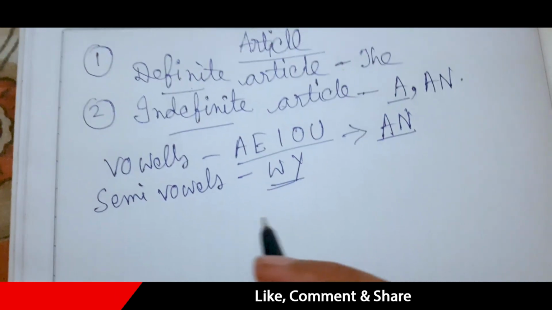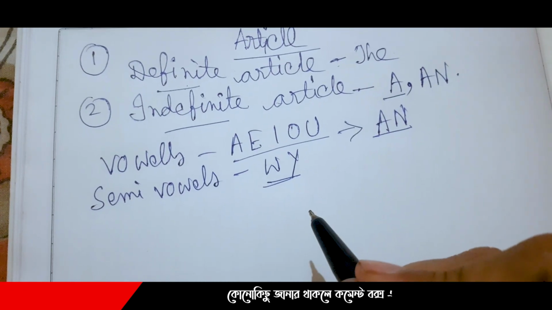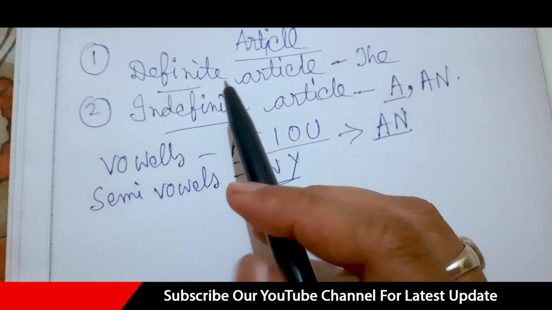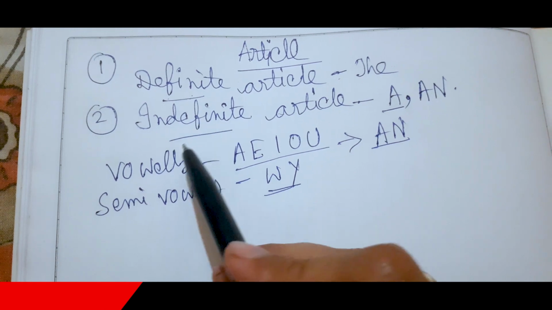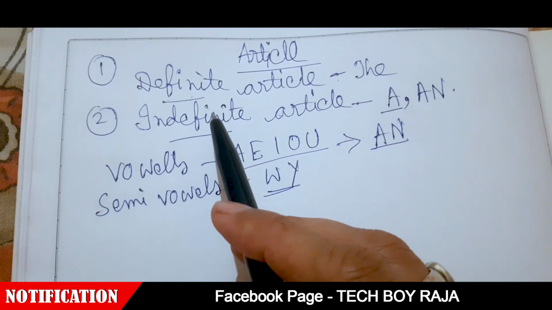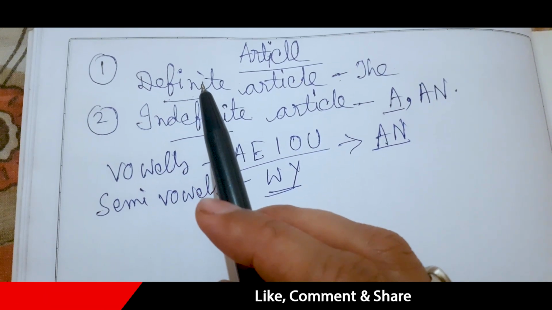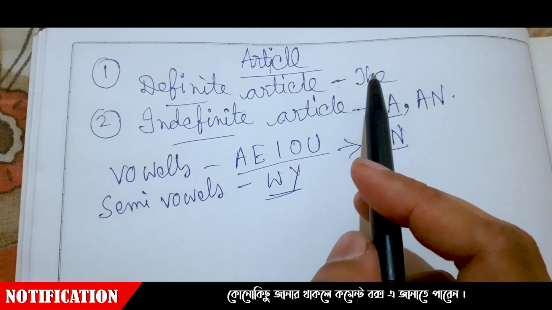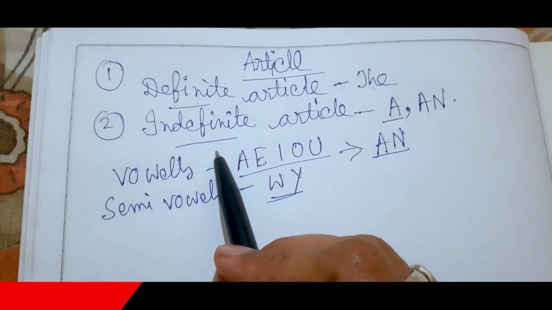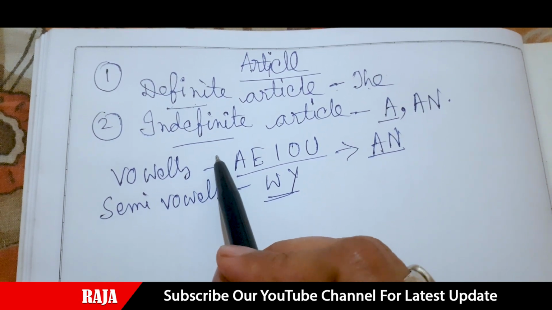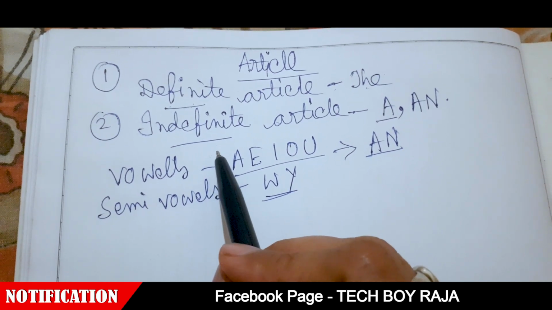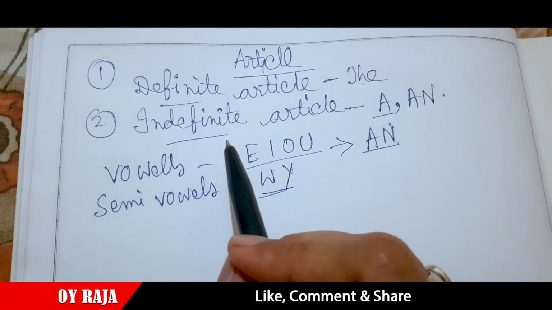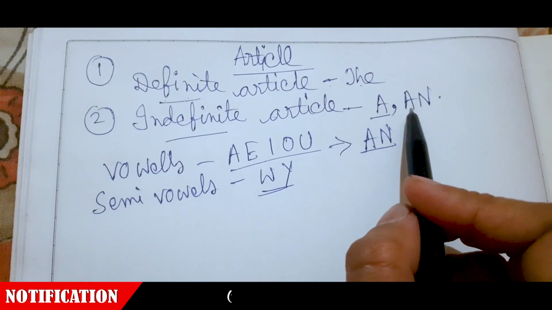Okay, now some exceptions are obviously there, but first of all, you all have to be clear about what is definite and what is indefinite. Whenever you have to particularize any particular object in a sentence, that is definite, obviously the will be there. And if the object or thing or noun is not completely particularized, just for the sake of mentioning one number at a time, we use a or an.